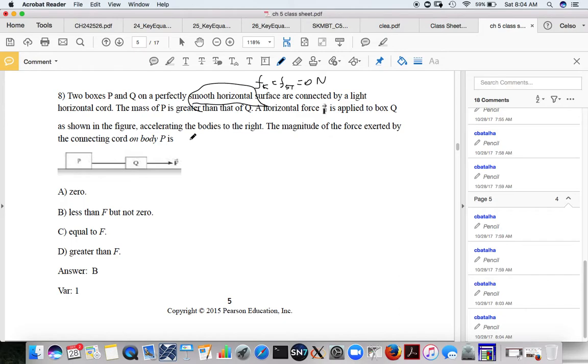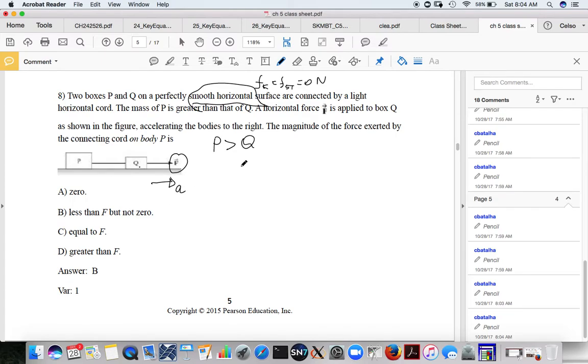The mass of P is greater than that of Q, which means the weight of P is greater than the weight of Q. And you have a horizontal force F applied to box Q, as shown in the figure, that accelerates the bodies. So you have acceleration to the right, which is okay because you don't have friction.